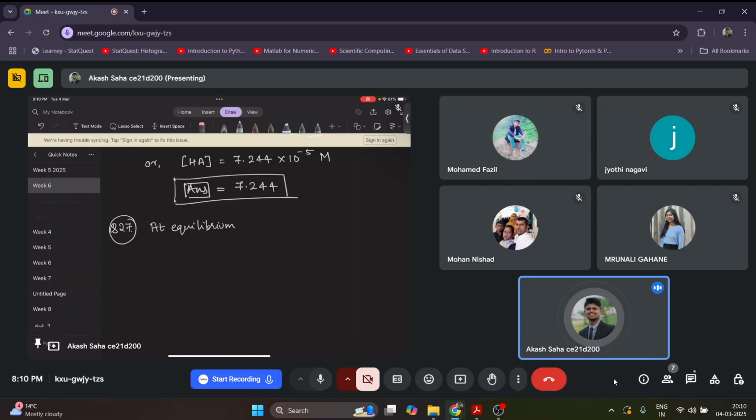At equilibrium, we have HOCl, which can be in the form of OCl minus plus H plus. Now we all know that the dissociation constant K is H plus into OCl minus, the product of the concentrations divided by the concentration of the reactant.